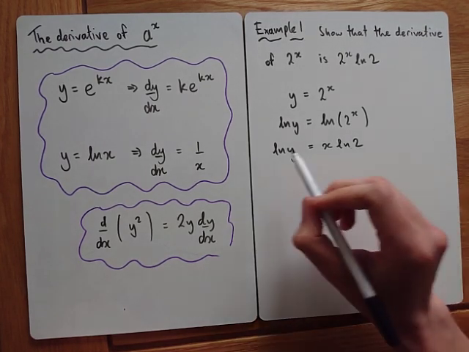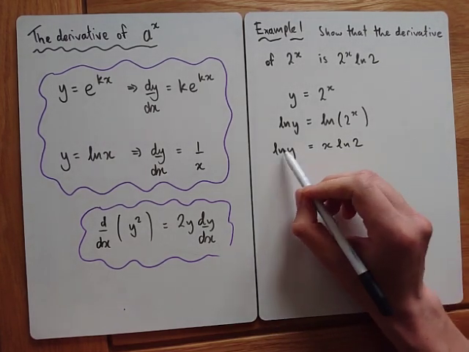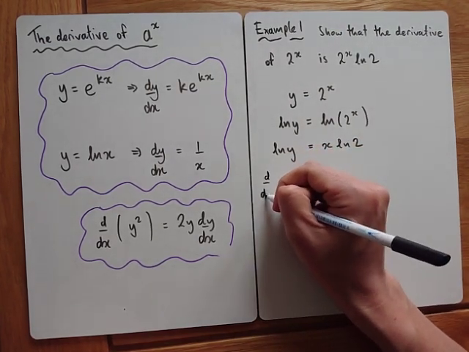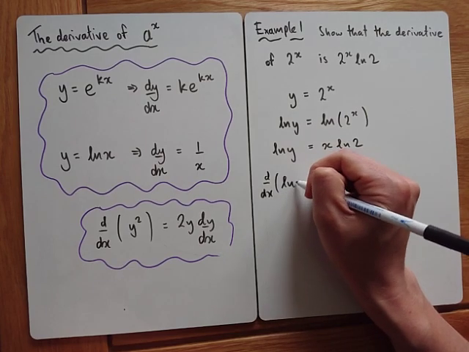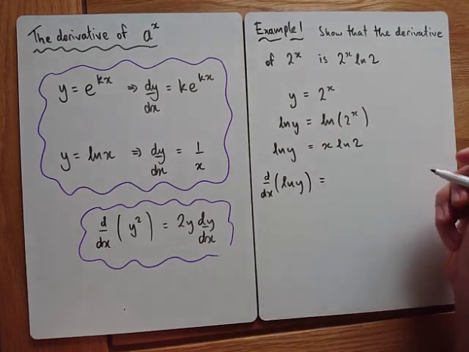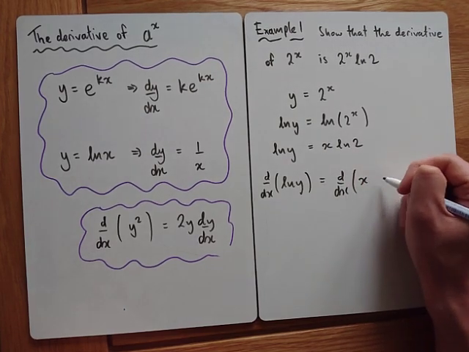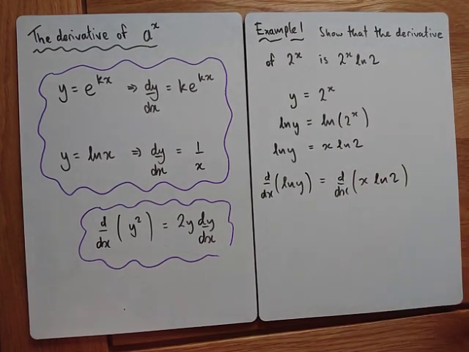Okay, I'm going to differentiate both sides with respect to x. So if I differentiate ln y with respect to x, and x ln 2. Maybe just pause for a second and think about how you're going to differentiate both sides. One thing to notice, there's actually two things going on here.